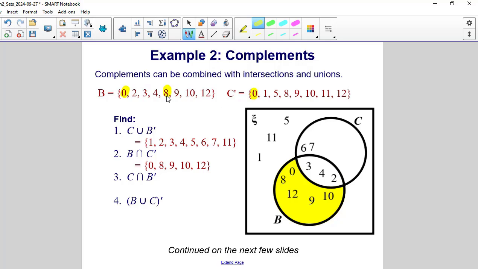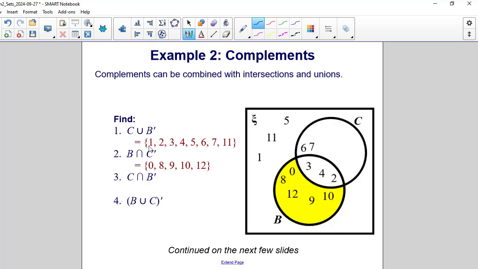They also both contain the number 8, the number 9, the number 10, and the number 12. So the numbers I highlighted here will show up here in the intersection of set B and the complement of set C. In the Venn diagram, it would be all the numbers that are highlighted in yellow.